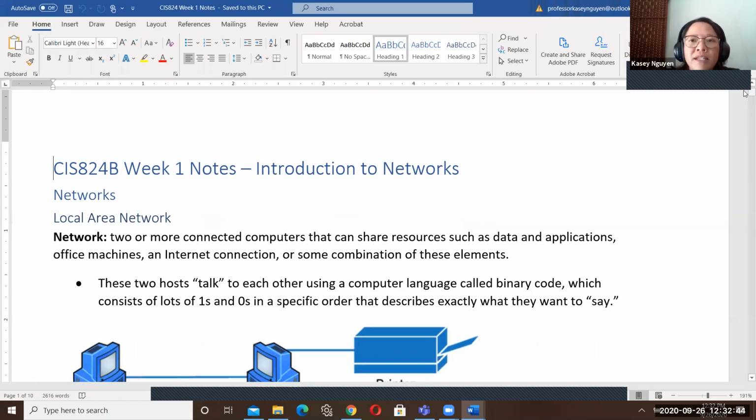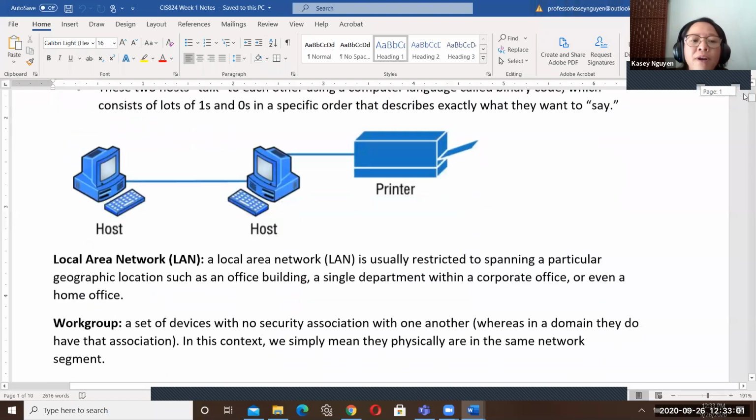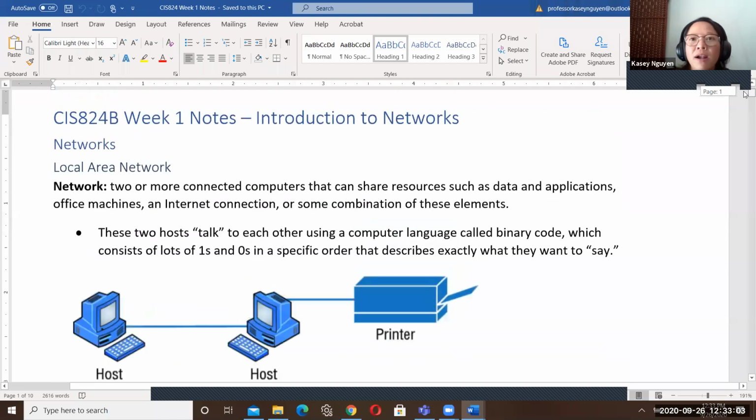Normally, networking is taught over a whole 16-week semester, or in multiple classes, because there are so many different aspects of networking. So today we're going to talk about different networks and what a network is.